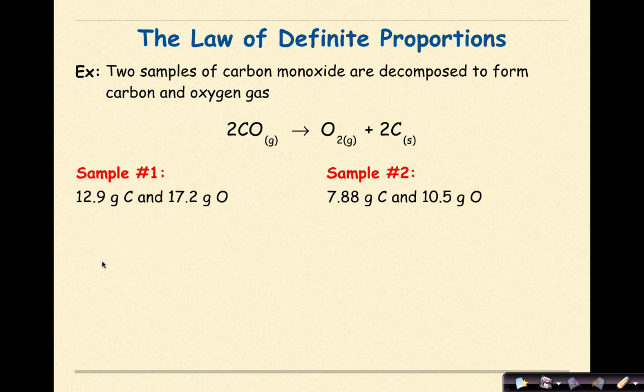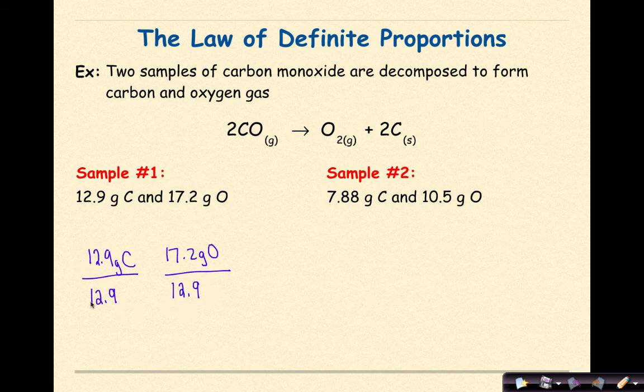So the way that I'm going to do this is I'm going to say, well, I have 12.9 grams of carbon and I have 17.2 grams of oxygen, and I want to see the ratio of basically one carbon to how many oxygens. So I'm going to divide this carbon by itself, so 12.9, and divide this sample of oxygen by my mass of carbon, 12.9.